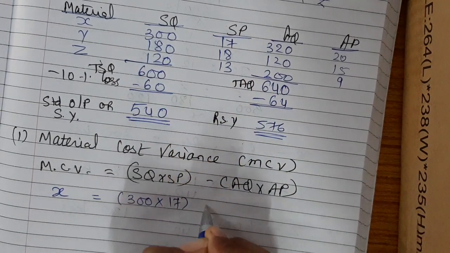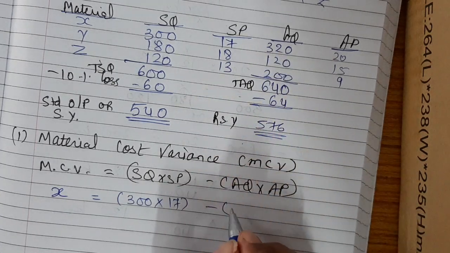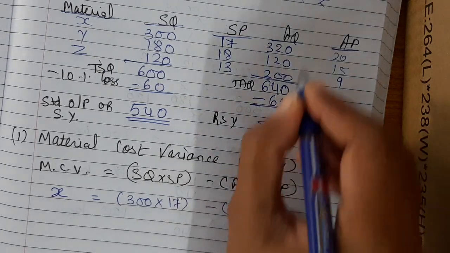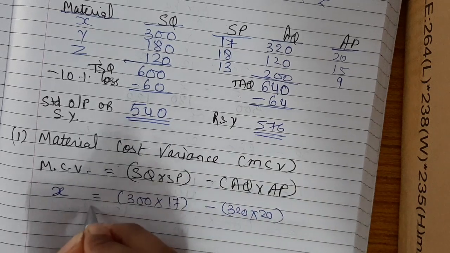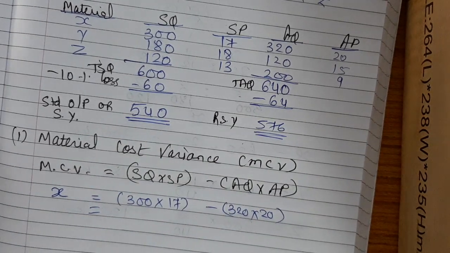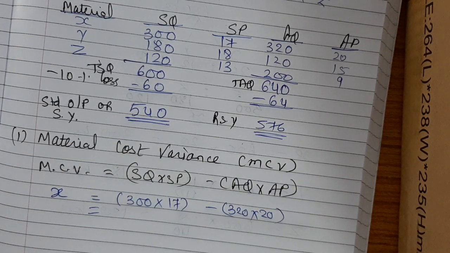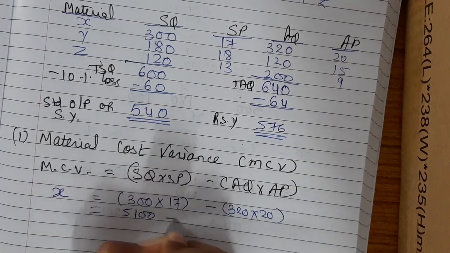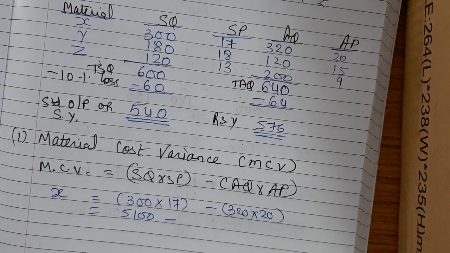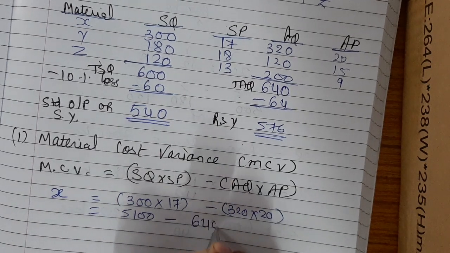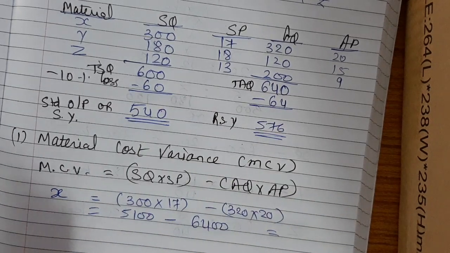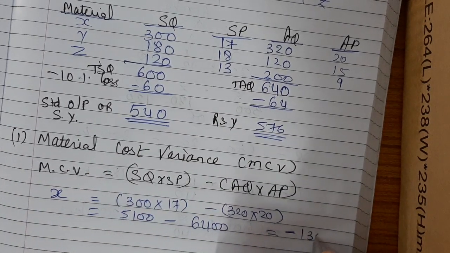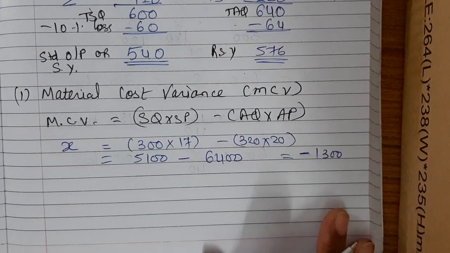Standard price 17, actual quantity 320 and actual price 20. So 300 into 17, that is 5100, minus 320 into 20, 6400. So my answer comes to negative 1300 for X.